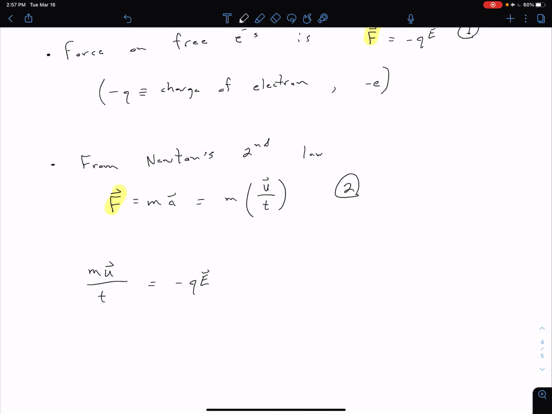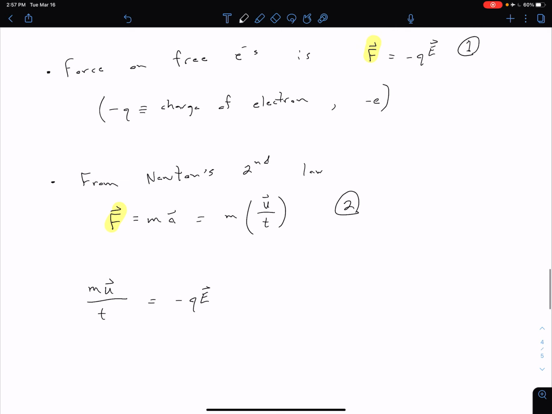I'm going to make one other adjustment here as well. Let's say that we use a specific time, time equal to a specific time tau. This time tau is something called the mean time between collisions. If we think about the atomic structure of our metal, we have a bunch of nuclei and the electron clouds.